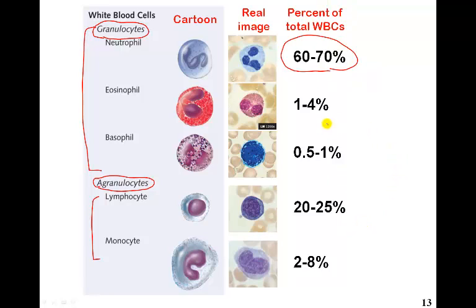Normally the eosinophils would be pretty rare, just 1 to 4%. If in this patient who you think might have a parasitic infection, you find that eosinophils are 10% or 20% of the total, they have a significant elevation in their eosinophils, and that suggests that you might be correct about them having a parasitic infection.